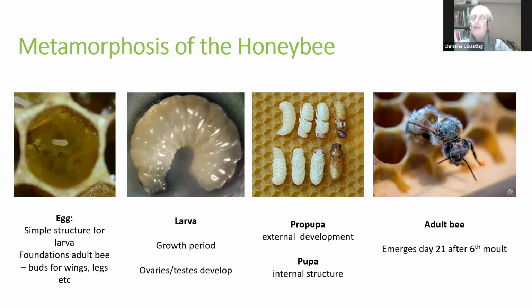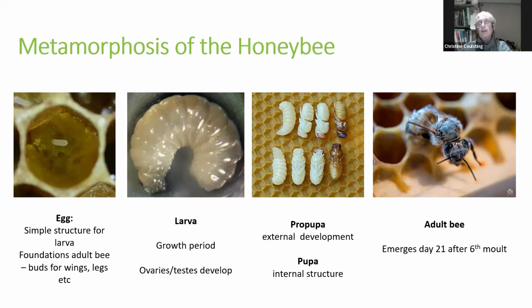Celia Davis describes this quite nicely. She describes it as the external chassis of the car, and then when it becomes a pupa, they're really building on those points for the internal structures.